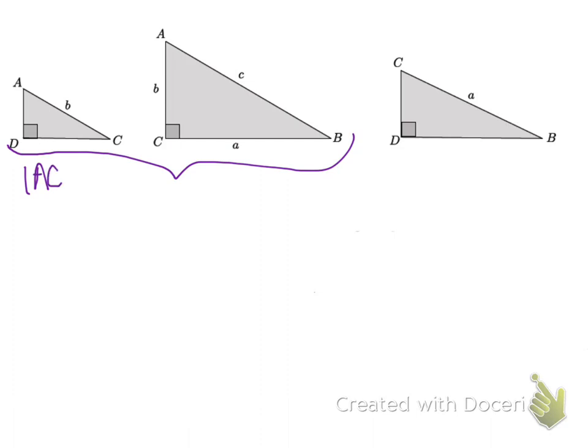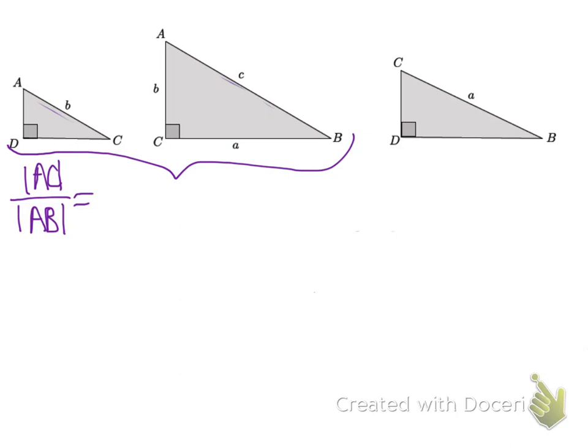Length AC, which is the hypotenuse of the small triangle, over length AB is equal to, so the ratio of the hypotenuses of these triangles is going to be equal to the ratio of the short legs.